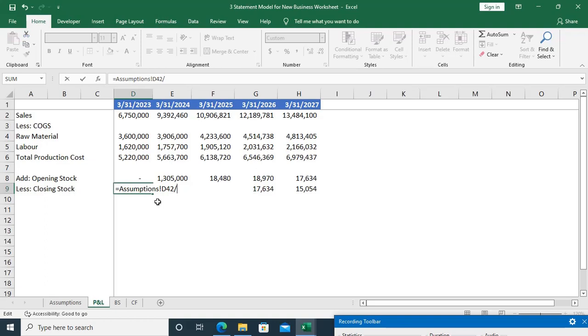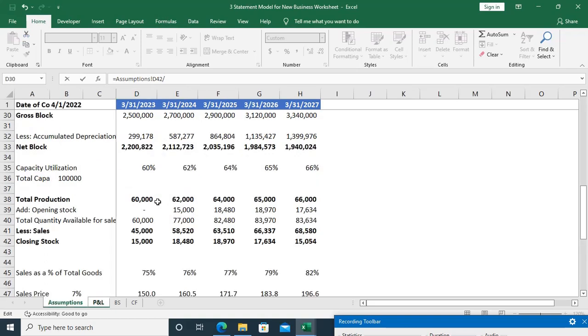So assumption divided by, what was the thing? Let me just do it once again for you. This divided by, which is actually 15,000 divided by 60,000. Actually it should have been that, right?